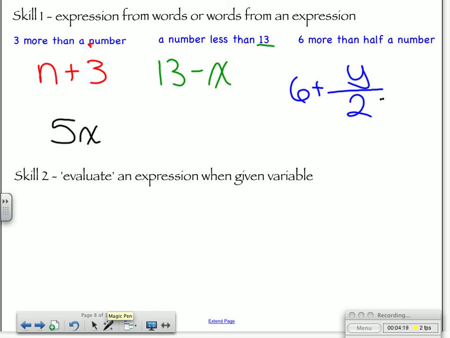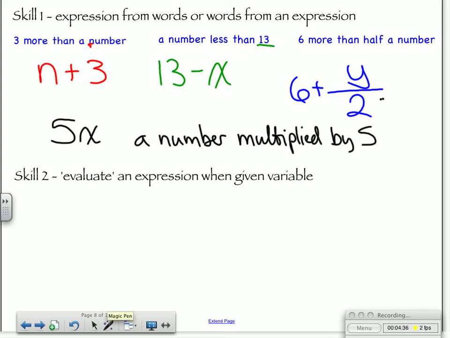And so we take that expression and do the words. We say a number multiplied by 5. So that's our first skill, that we take words and make expressions, or we take expressions and we make words.